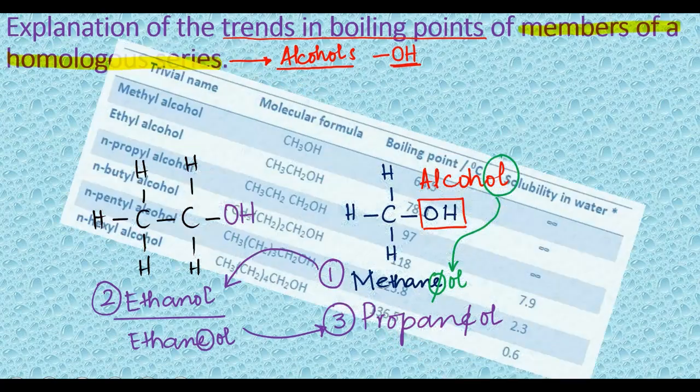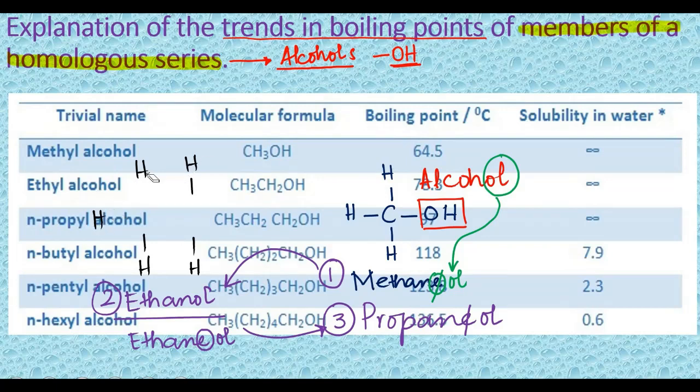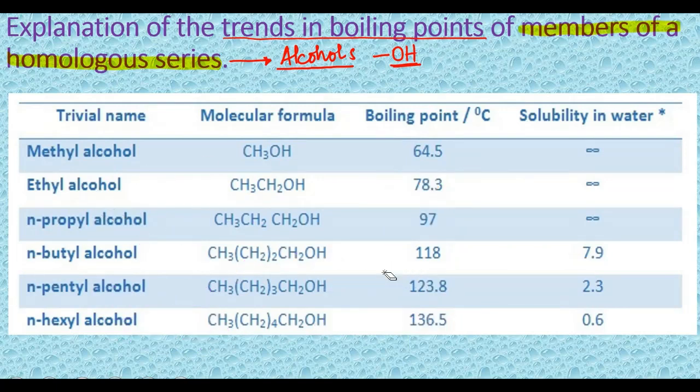Now we can see in this table the first 6 alcohol molecules, shown with their trivial names, molecular formula, boiling points, and solubility in water. Methyl alcohol is a common name, while its IUPAC name, from the International Union of Pure and Applied Chemistry that determines the rules to name organic compounds, is methanol.